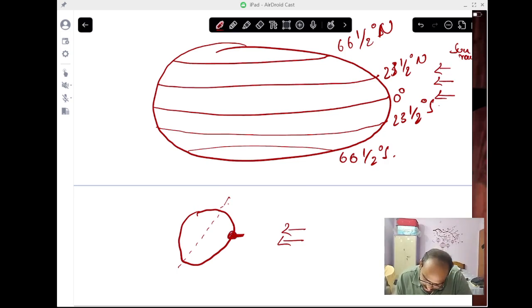As we move from the Tropic of Cancer towards the pole, the sun rays fall slantly, not vertically. So the net area covered by sun rays decreases from the Tropic of Cancer towards the poles.